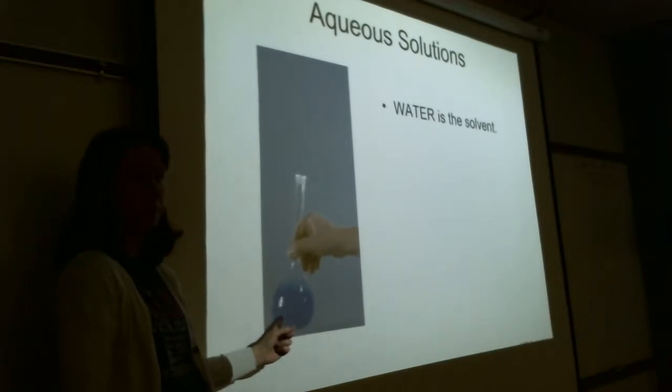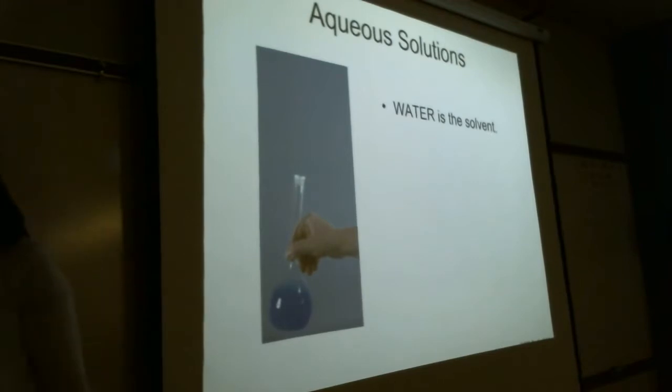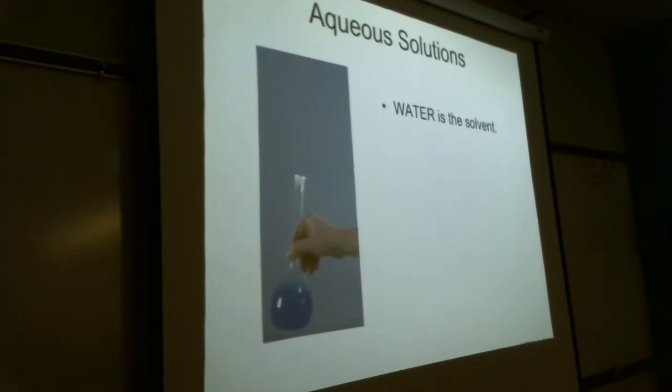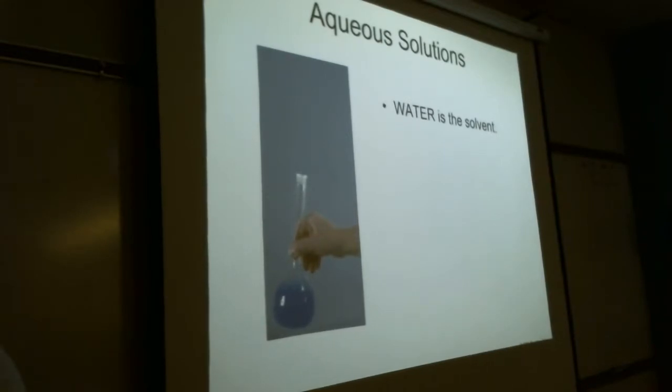Copper 1 or copper 2? Copper 2 is blue, right? So water is the solvent in an aqueous solution. And those are the solutions we're going to be looking at primarily today, whether or not something will dissolve in water.